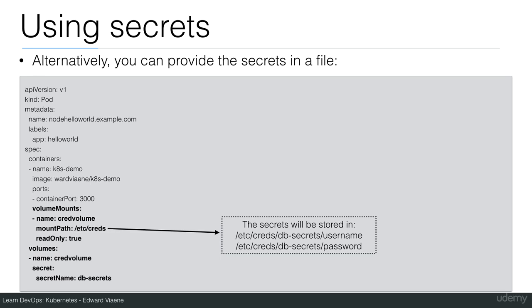You have the key username and password, so you will have two files, username and password, that the application can then read. The only thing that the application needs to do is read those files, and it can then use the secrets within the application. Using volumes and using environment variables, using these two ways, I will show you in the next demo.